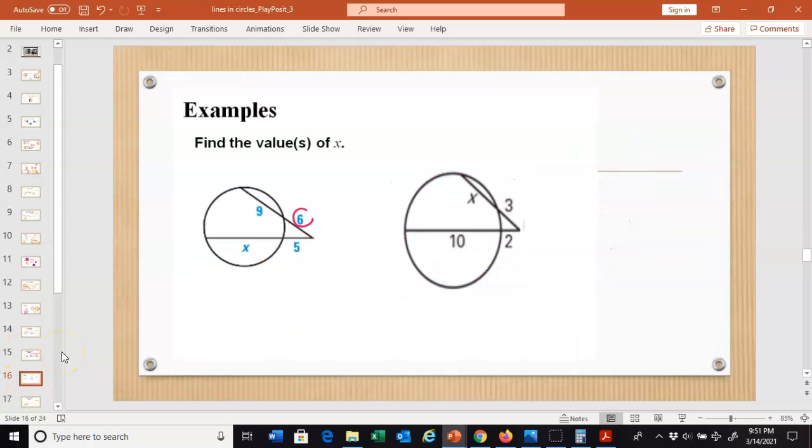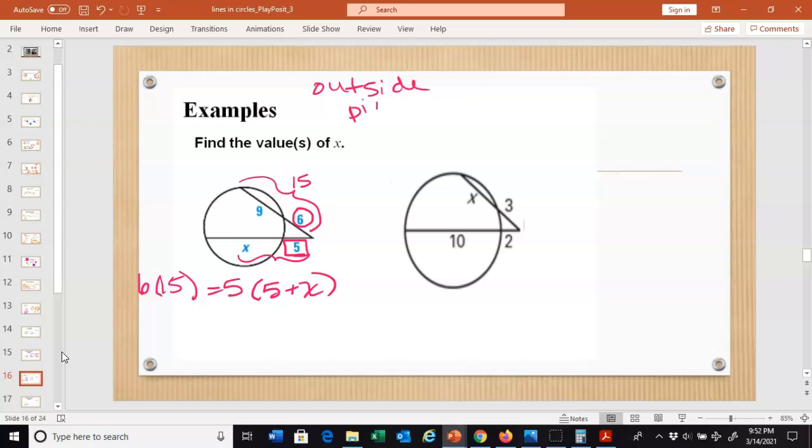So let's try one. The outside piece, 6, times the whole thing. So the whole thing here is going to be 15 equals the outside piece times the whole thing, 5 plus x. So that's maybe better. Outside piece times the whole thing. Very mathematical, isn't it? And then we can just solve this algebraically, right? 5 times 5 is 25. 5 times x is 5x.